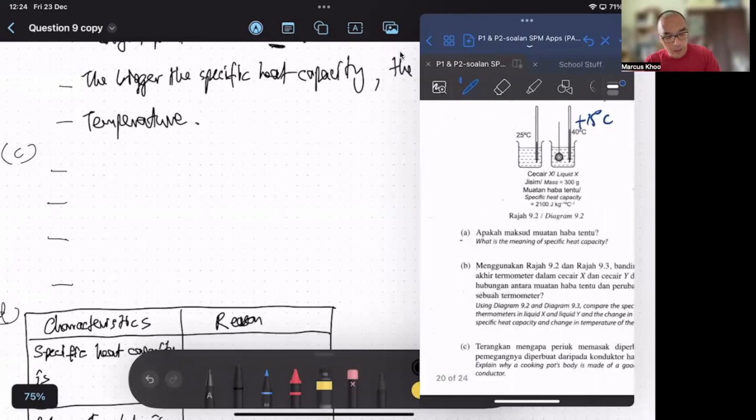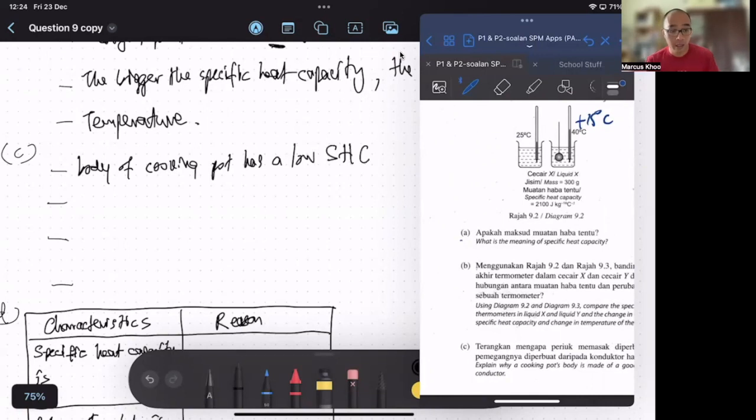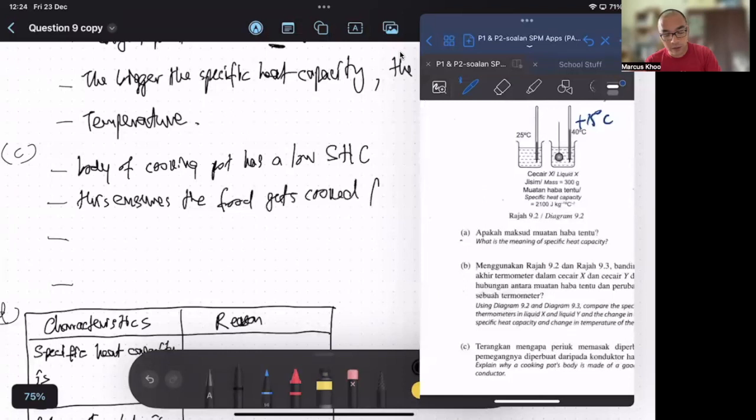The body of the cooking pot has a low specific heat capacity. The point of it is it's a good heat conductor, so it has a low specific heat capacity. So this ensures the food gets cooked faster.